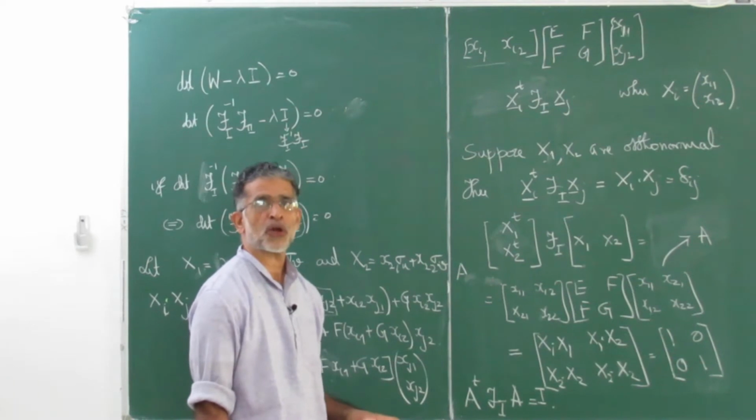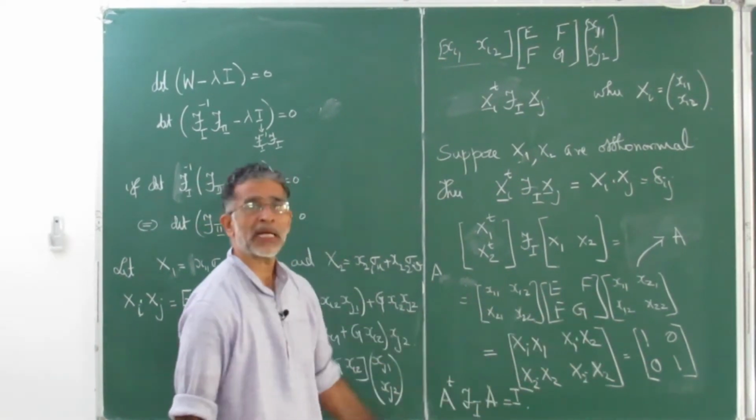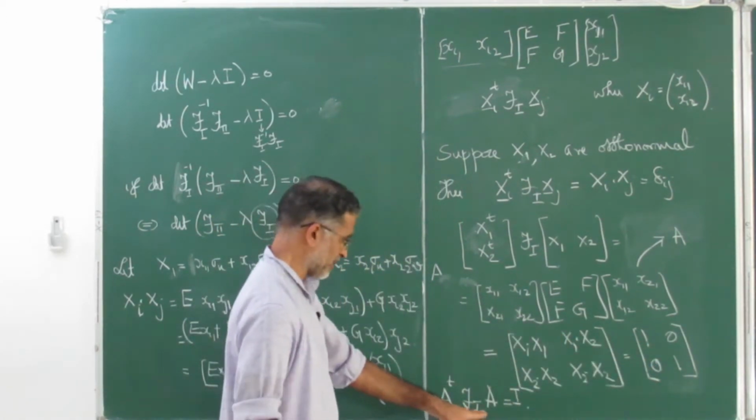So if you take an orthonormal basis and then look at these inner products, you are going to get 0 or 1. So that's being exploited to get this.